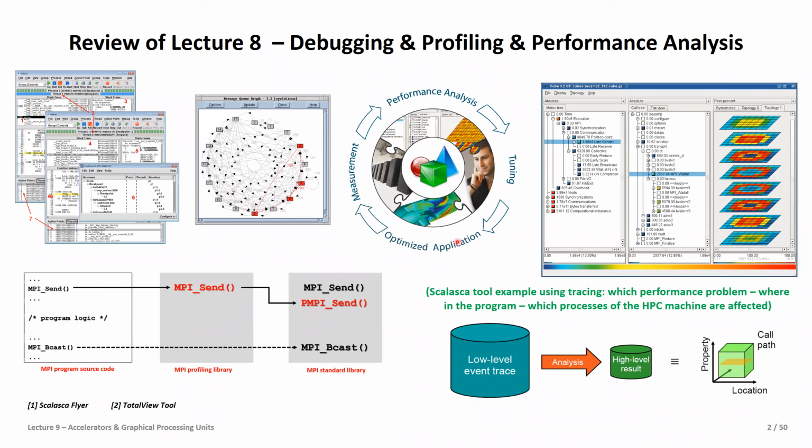So you get an optimized application, but that doesn't mean you're at the end. You can measure this optimized application again and find other ways to tune it using these tools. So it's an iterative cycle, and in a way you never finish, because application engineers also face different HPC systems. They face change.